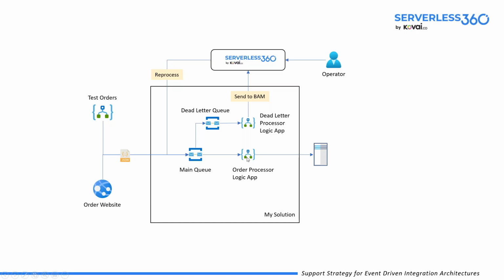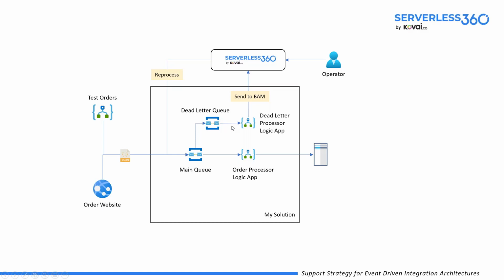My order processor logic app tries to process the data into the end system, but if there's a problem, let's imagine it's a slightly malformed message or it's got some wrong data in it, I can send it to the queue for retry, and with Service Bus, eventually I'll hit a dead letter threshold, and it'll go onto the dead letter queue.